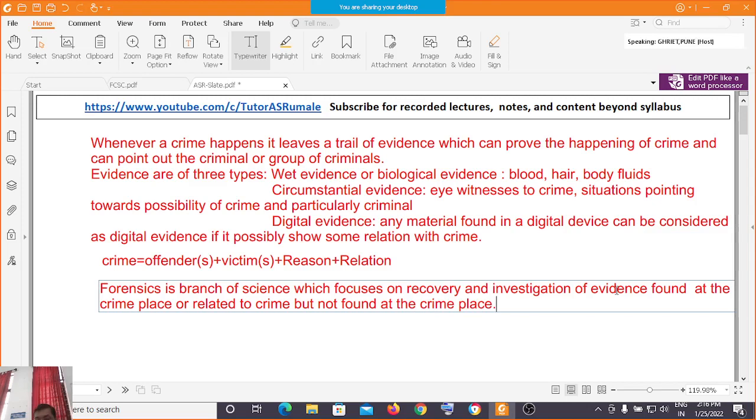So forensics is a branch of science which focuses on recovery.